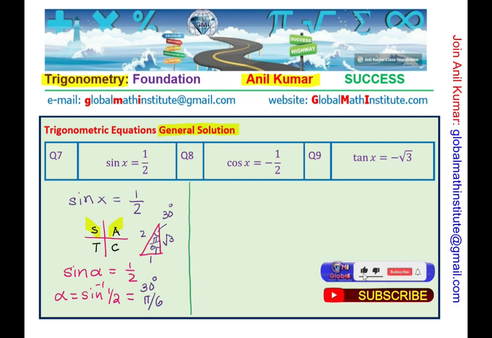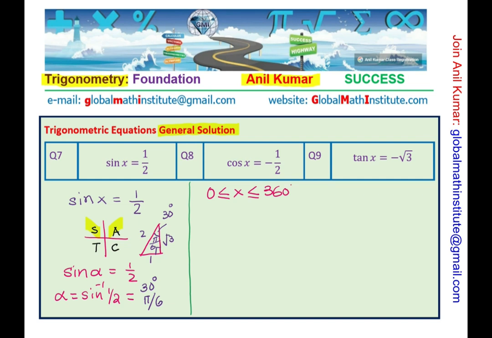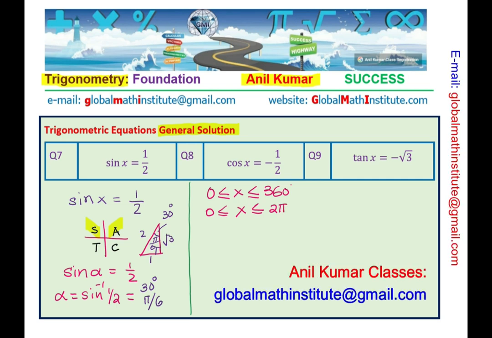Now the second step is to write the solution between the interval 0 to 360 degrees, right? If you are working in degrees, or from 0 to 2 pi if you are working in radians. So we know now 30 degrees is one solution. The other one will be 180 minus 30, right?